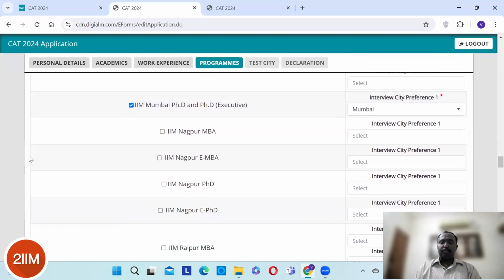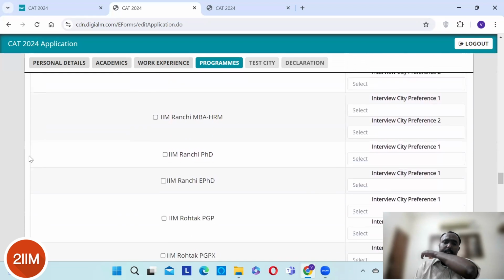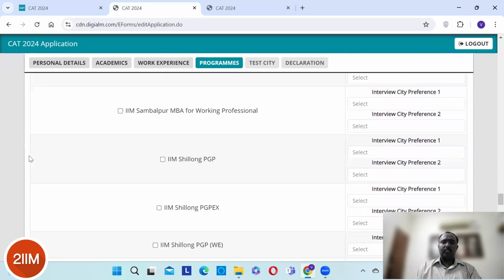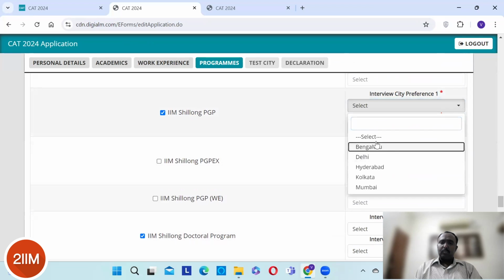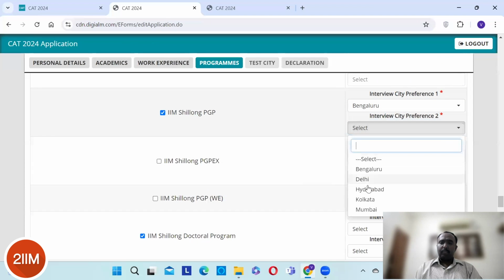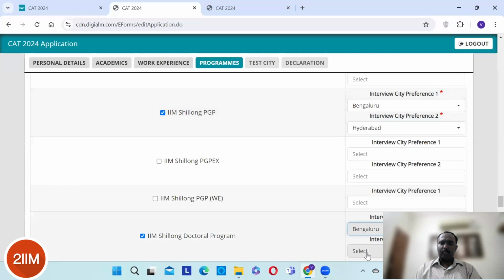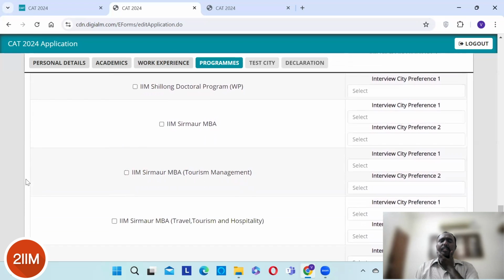Then you have Nagpur, then you will have Raipur, then you will have Ranchi, then you have Rohtak, Sambalpur, Shillong you have, Sirmaur.